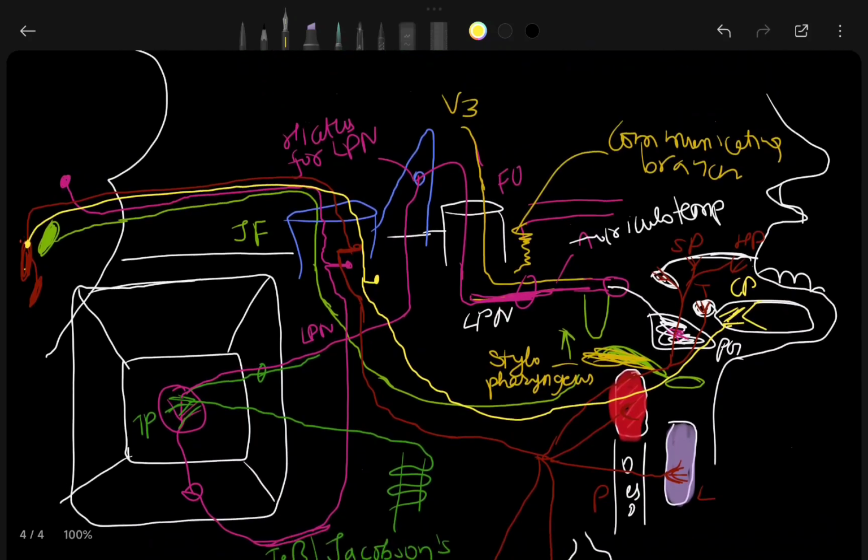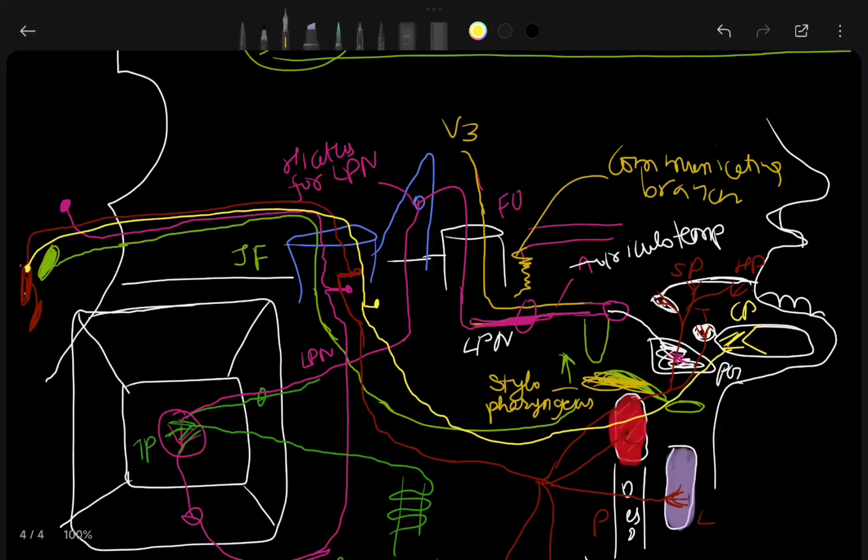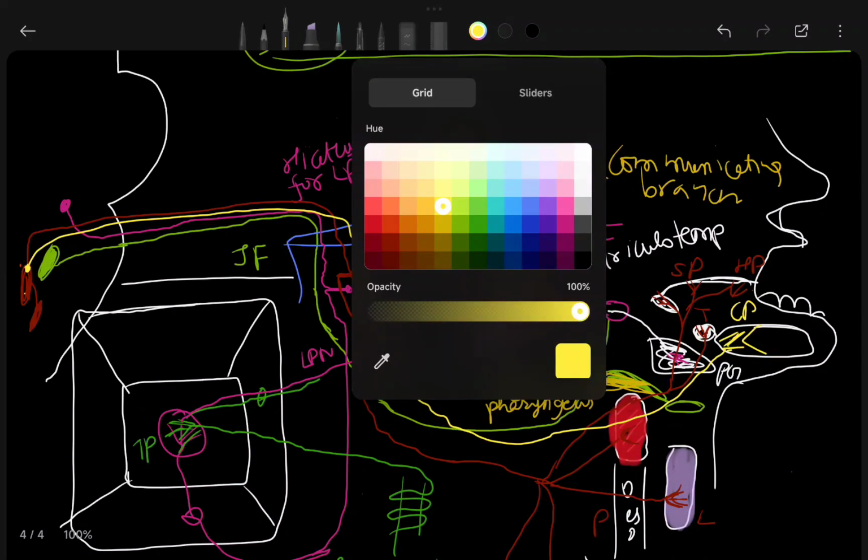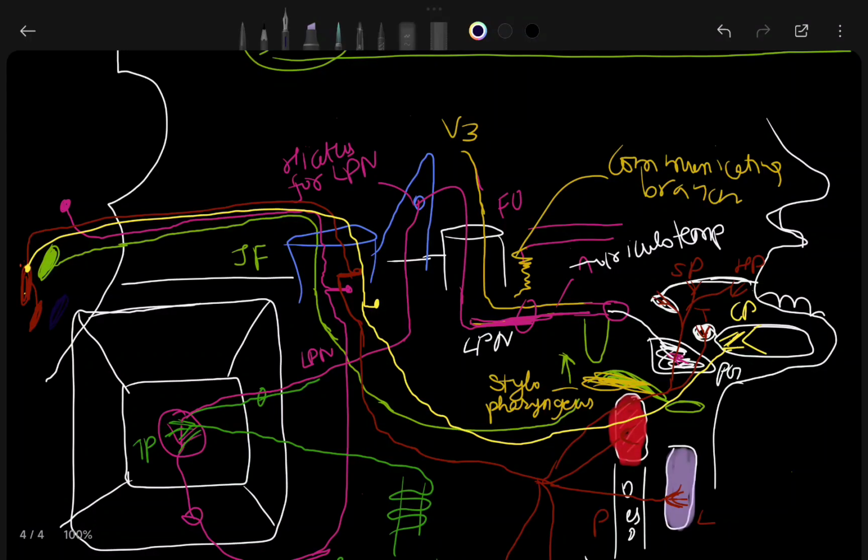And the very last one is the general somatic afferent fibers. The general somatic afferent fibers supply the spinal nucleus of the trigeminal nerve, come down, and relay in the superior ganglion, though some books mention it as the inferior ganglion or as a part of the inferior ganglion, so that's not a great deal.